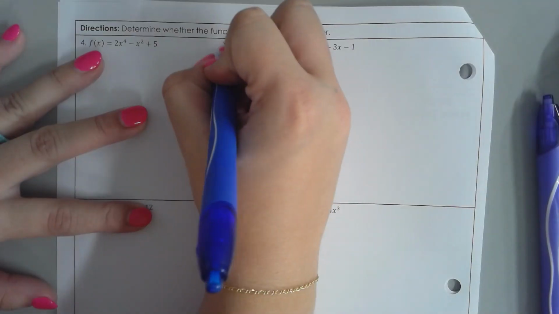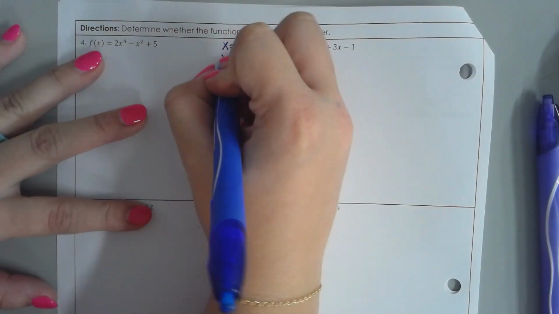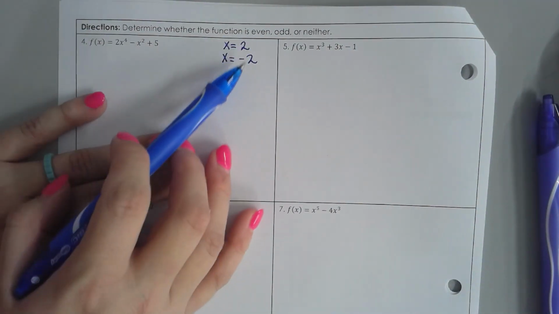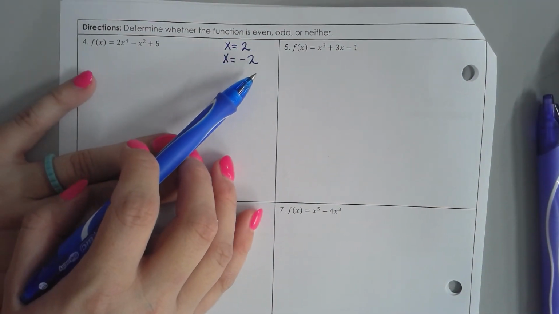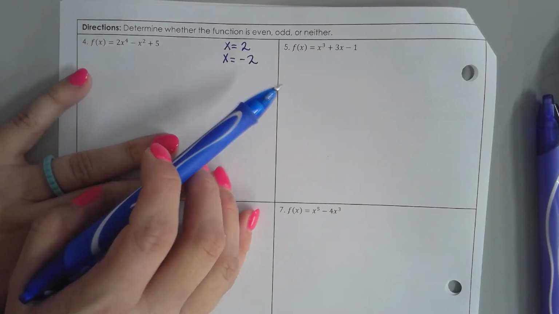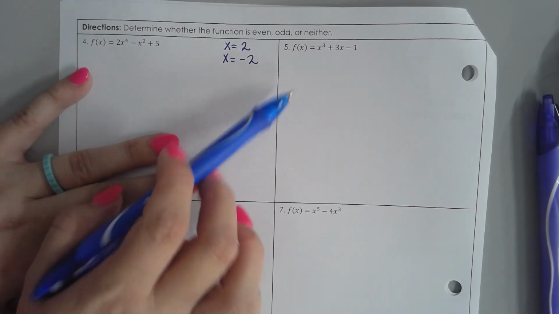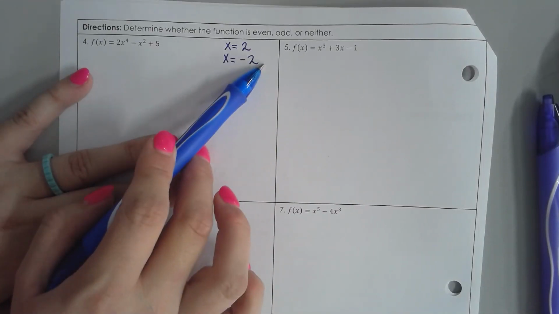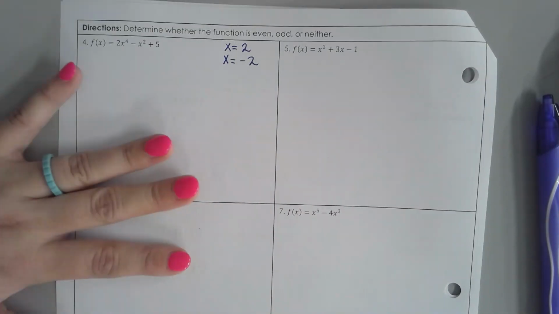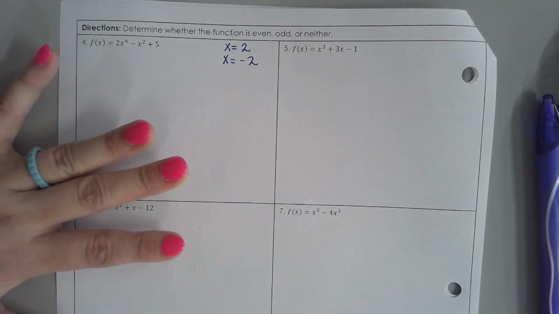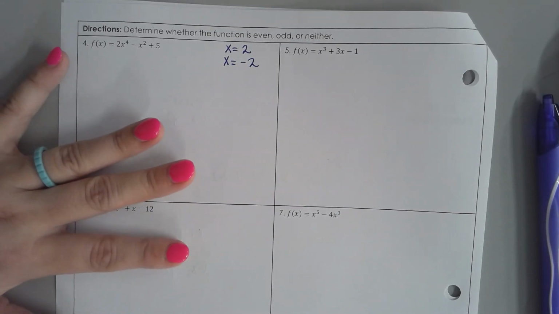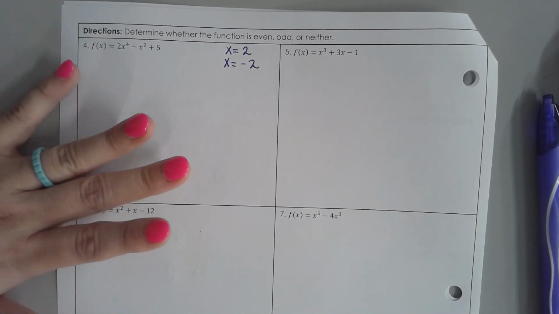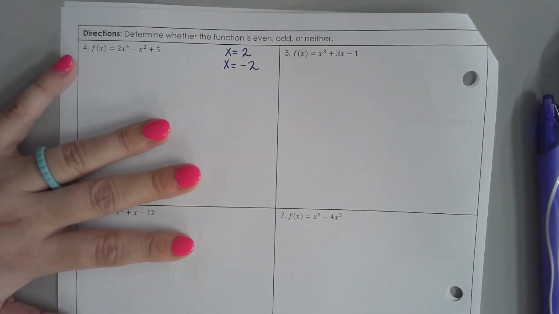So if we plug in x equals 2 and x equals -2 and look at the y values: if the y values are the same, it's an even function. If the y values are like +5 and -5, +12 and -12, it would be odd. If they're two totally different numbers, it's neither.